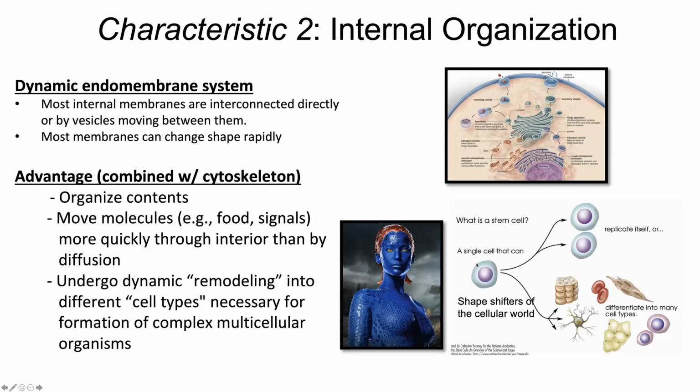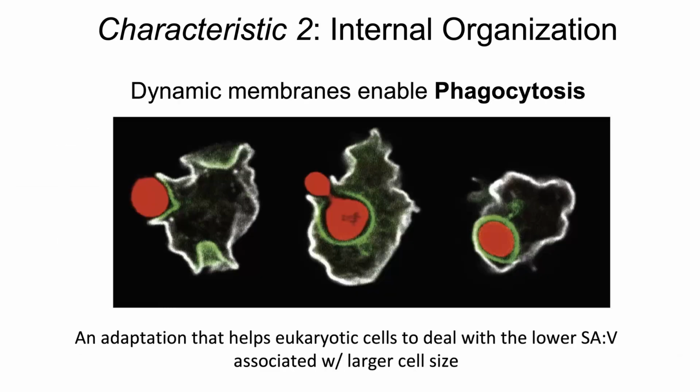Stem cells are like the Mystique of the cellular world, where they can replicate themselves, or if they want, they can shapeshift into all these different types of cells, whether it's a red blood cell, a neuron, a muscle cell, or a smooth muscle cell. All of these types of remodeling that has to go into this type of shapeshifting, so to speak, is enabled by this dynamic cytoskeleton, as well as this dynamic endomembrane system. So very important innovation unique to the eukaryotes.